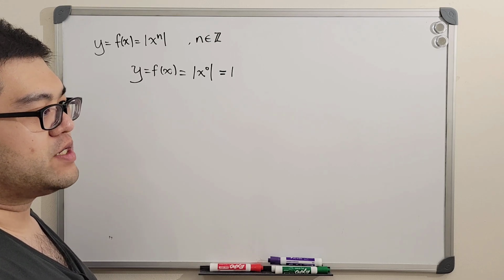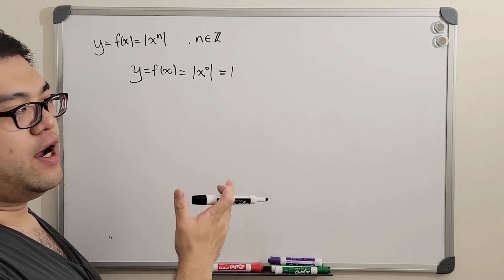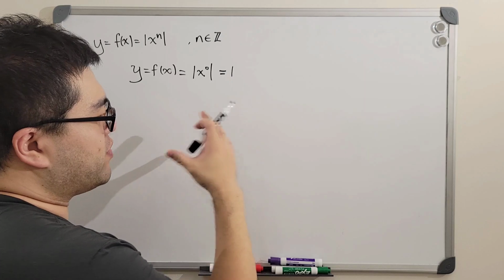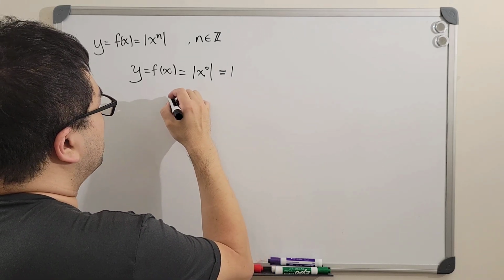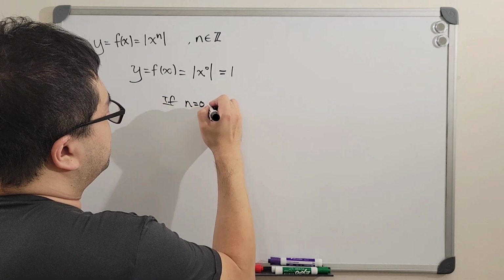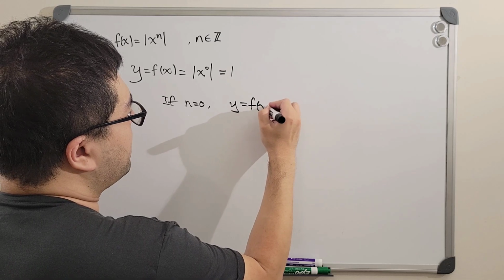So we might as well, for this particular case, include x equals 0 in our function to make it continuous.